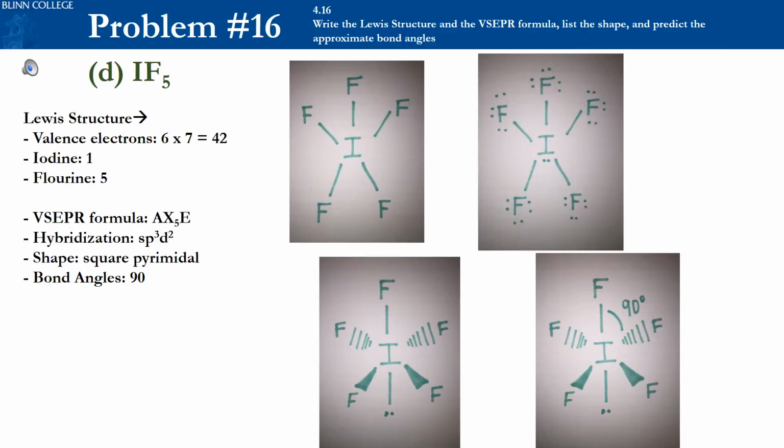And now for the molecular shape, it's square pyramidal. To determine the bond angles, the angle is going to be between two bonds of fluorine, and it's 90 degrees.